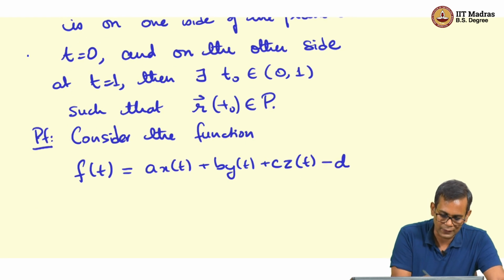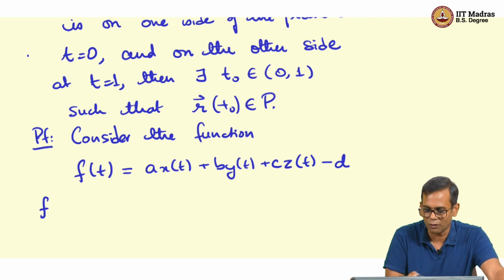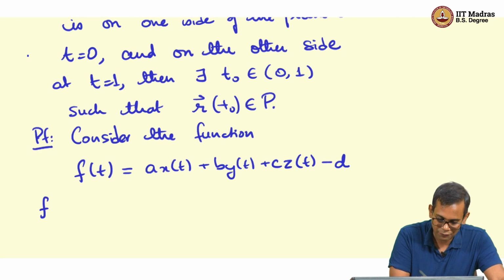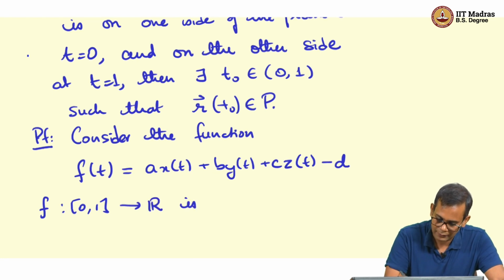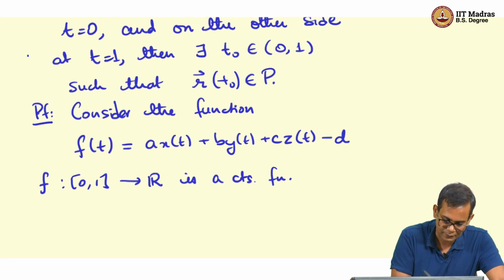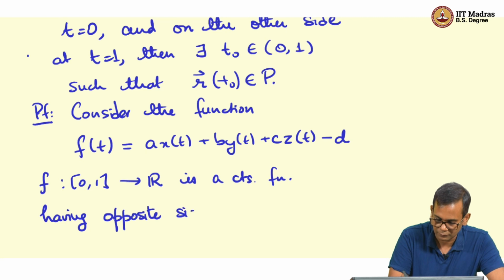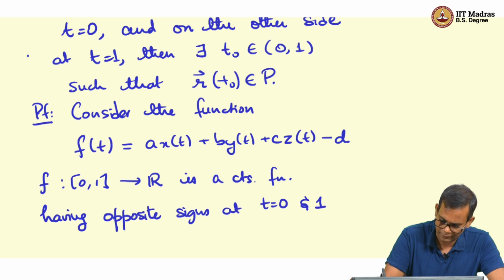So, you can conclude that f, firstly, is a continuous function because it is a sum of 3 continuous functions multiplied by constant functions. So, f from [0,1] to R is a continuous function. It has opposite signs at t equals 0 and at t equals 1.